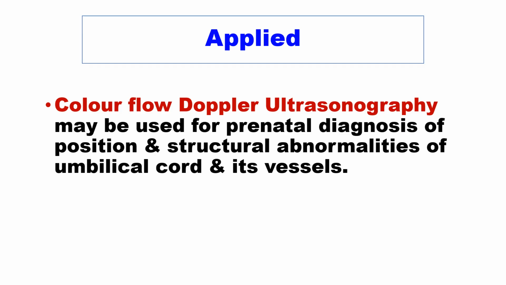Anomalies of the umbilical cord can be identified by color flow Doppler ultrasonography, used during prenatal diagnosis to identify the position and structural abnormalities of the umbilical cord and its vessels.